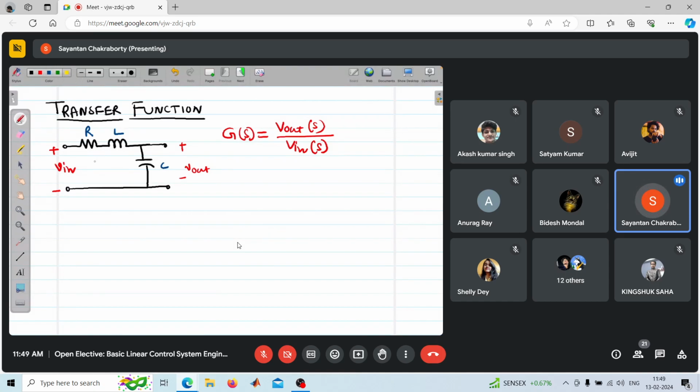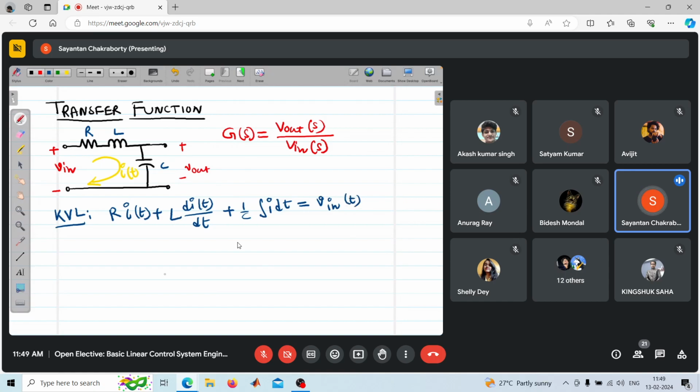If we consider the current i(t) here, then you can write Kirchhoff's voltage law as R i(t) plus L di/dt plus 1 by C integration of i dt is equal to V in(t), and the output equation V out(t).